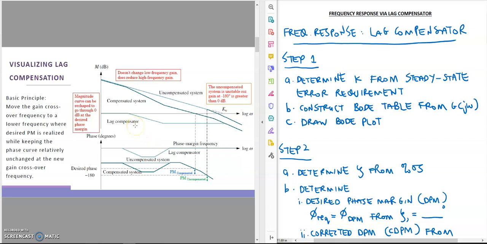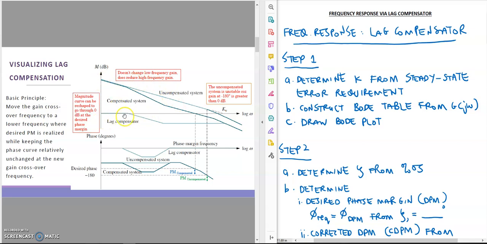So using the lag compensation, we compared the Bode plot of both uncompensated system and compensated system. The light green is for the uncompensated plot. This is magnitude and this is phase. And the dark one is the compensated system plot. This is magnitude and this is phase. So based on lag compensator, it doesn't change low frequency gain.